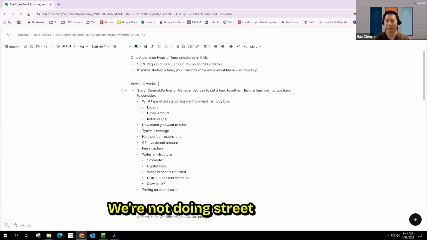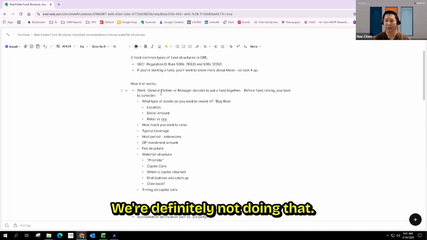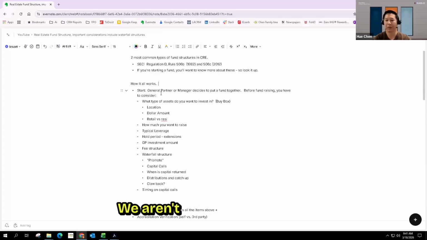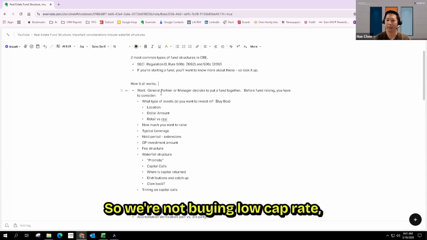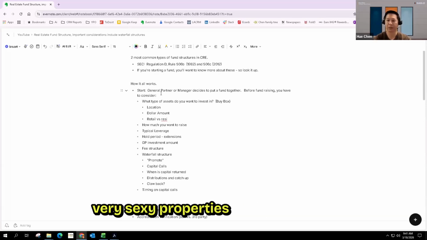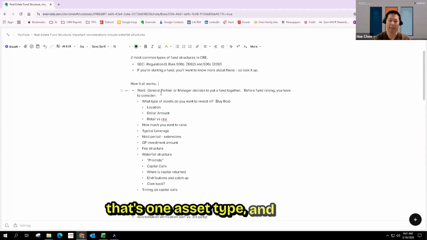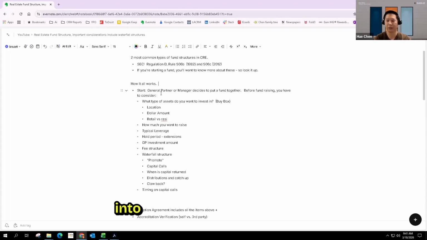We're not doing street retail like Lincoln Road or Fifth Avenue or anything like that. We're definitely not doing that. Additionally, we aren't going upmarket, so we're not buying low cap rate, very sexy properties with Whole Foods and Publix and things like that. That's one asset type, and within that asset type, you're dialing into perhaps a more narrow focus.